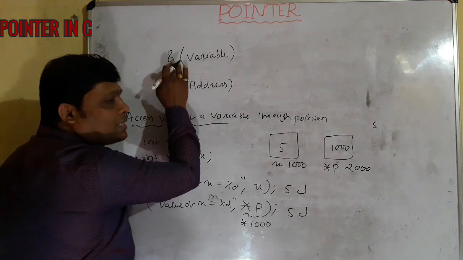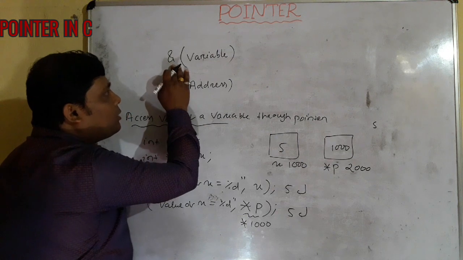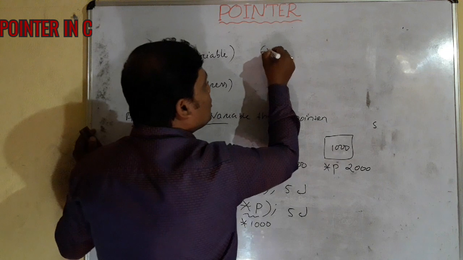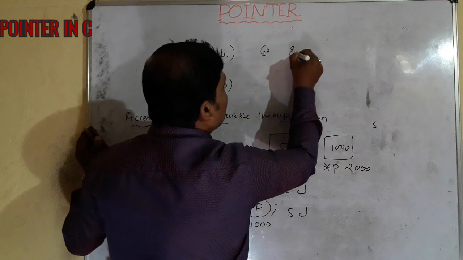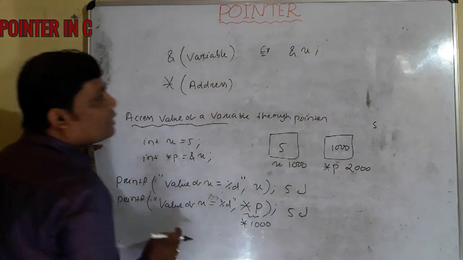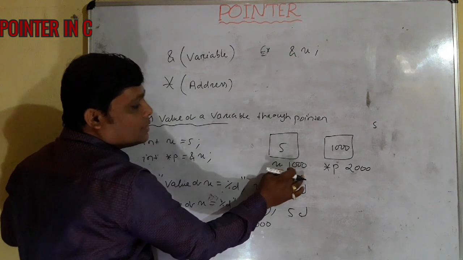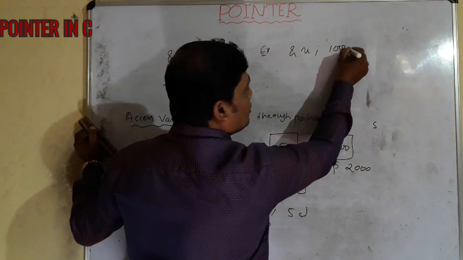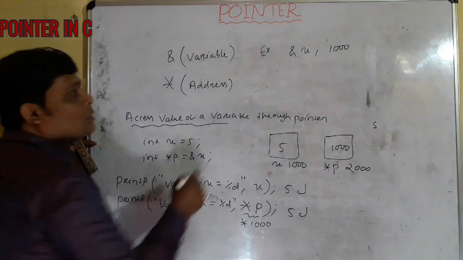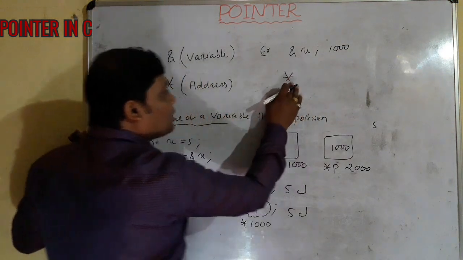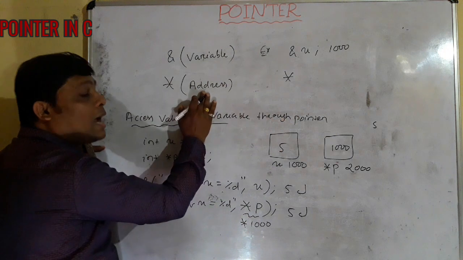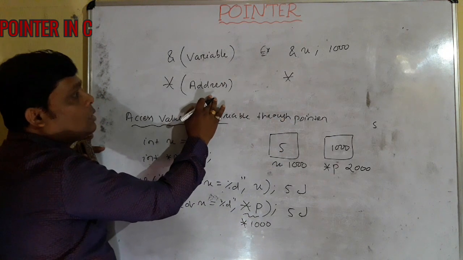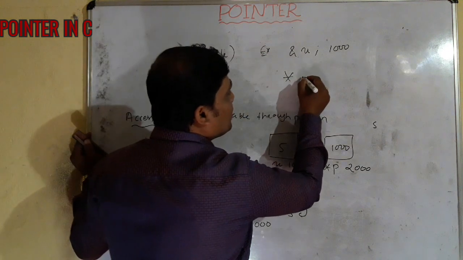So this ampersand symbol, monadic operator, will give the address of that variable. For example, &x will give the address of x. For this example, it will give 1000. After star, there will always be one address, not variable. Clear? So one address will be there.